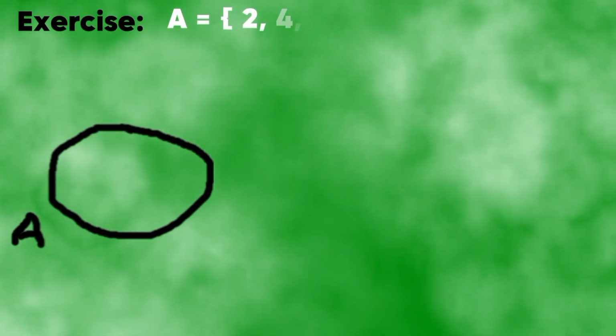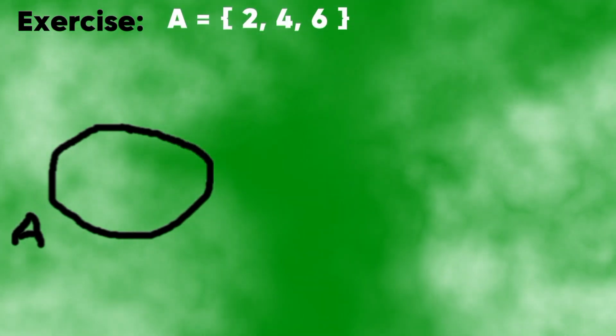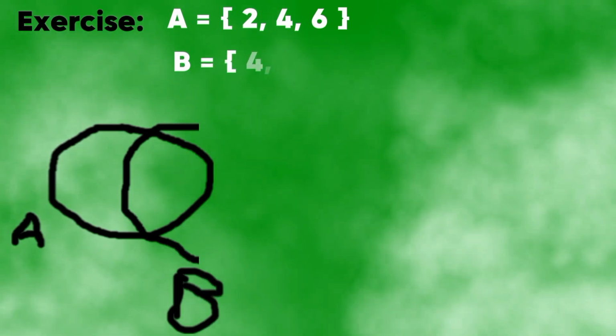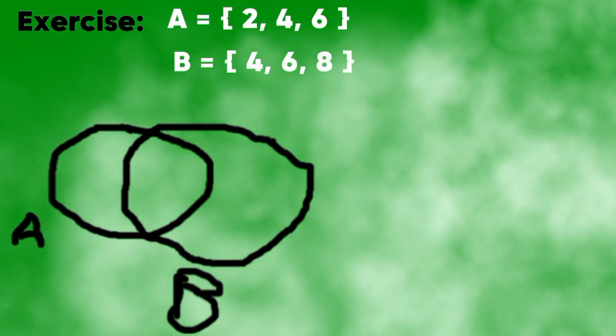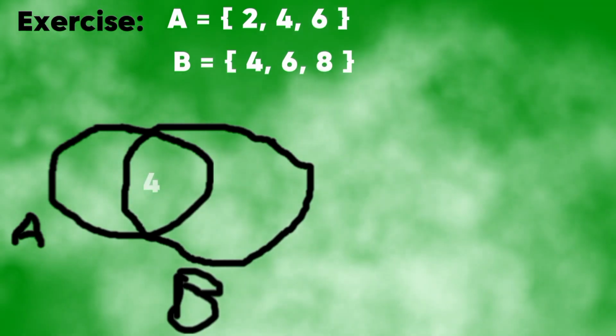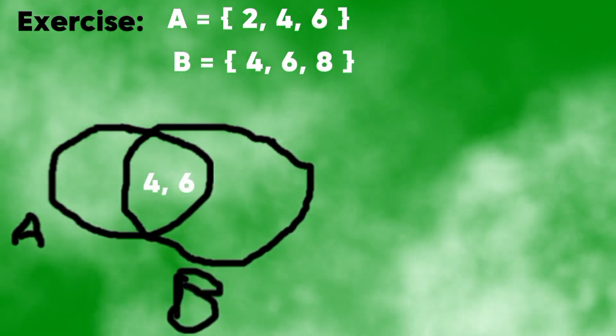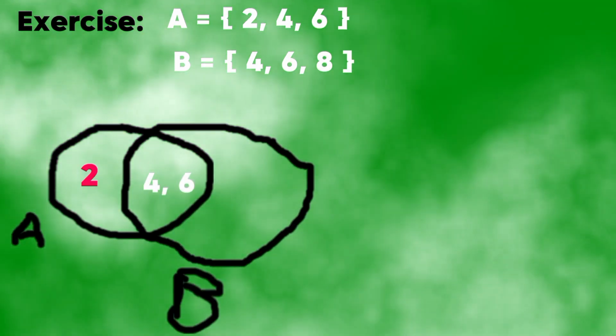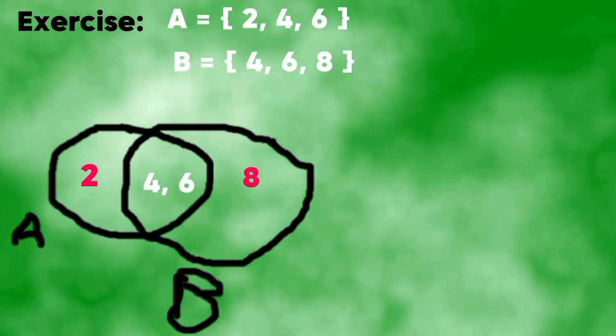Mini exercise: draw a Venn diagram for A equals {2, 4, 6} and B equals {4, 6, 8}. Answer explanation: the overlap is 4, 6. A only is 2. B only is 8.